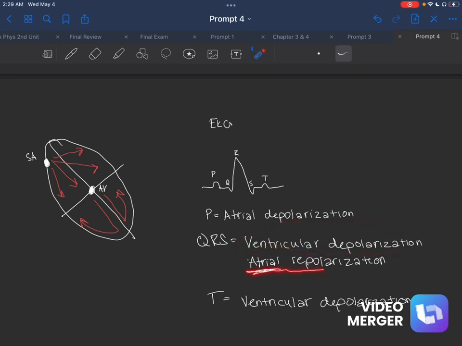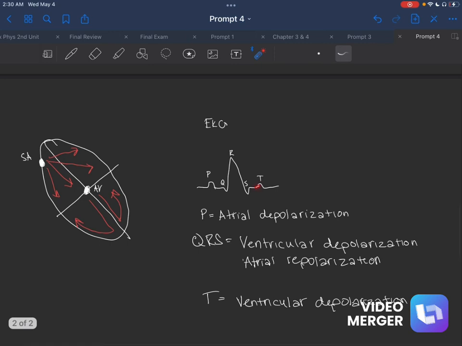This is also where atrial repolarization occurs, but you're not going to see that because the ventricular depolarization is occurring. The reason it's so much bigger is because the ventricle really needs to work hard to squeeze and send nerve impulses to send that blood throughout the whole body, whereas the atrium just works on bringing blood into the ventricles. So you see why that makes a difference.